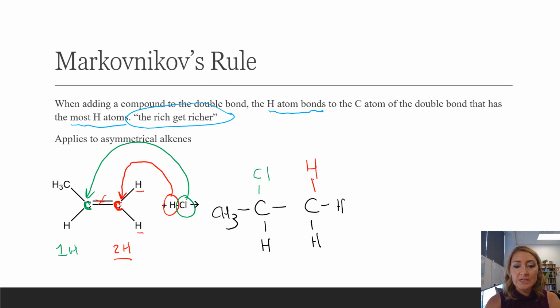This is a 3-carbon parent chain, so I know that this is propane since it's an alkane with single bonds. No matter which way I count this, it is still 2-chloropropane. If I had put it on the wrong carbon, if I had put it on this one instead, it would have been 1-chloropropane. It would have been incorrect.